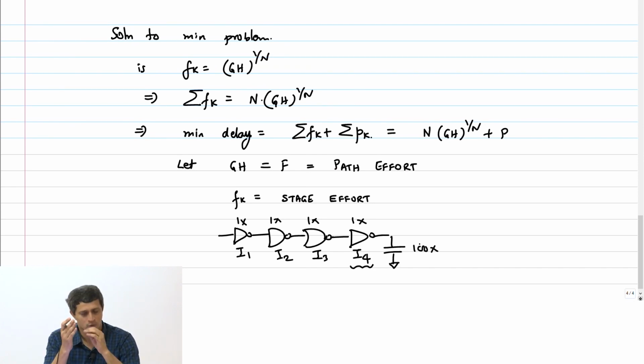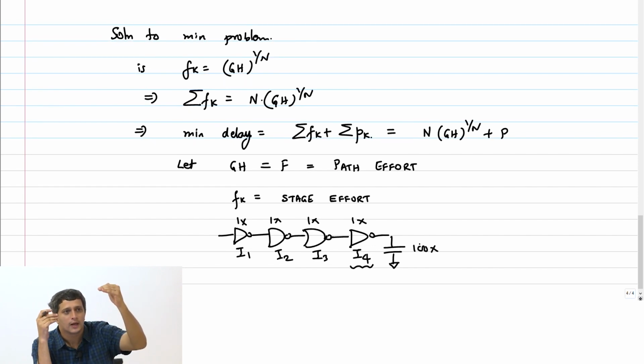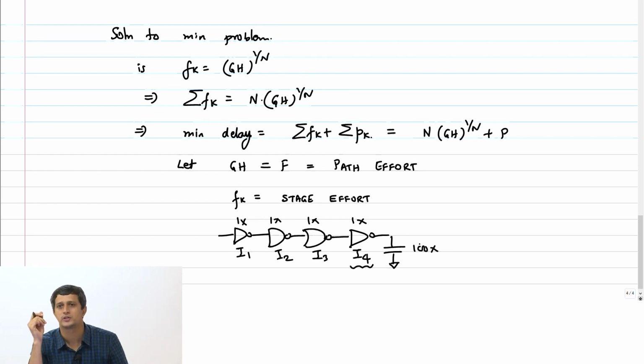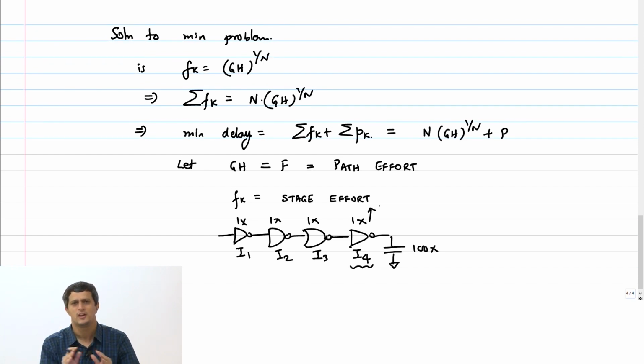So what do you want to do? You want to reduce the effort that the last stage is putting in order to charge that load capacitance. How will you reduce that effort? You have to upsize this gate by some factor. If I upsize the gate, the resistance will fall by that factor and hence the delay will also fall by that factor. Load capacitance is fixed.